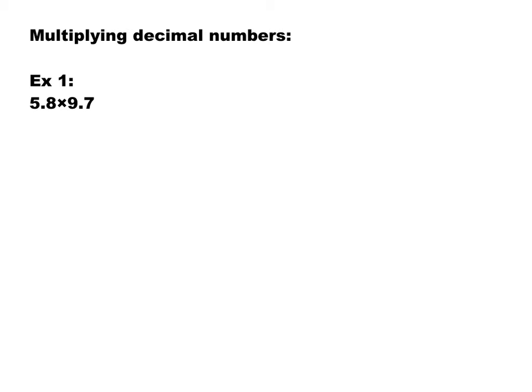So I'm going to say I have to multiply 58 by 97. So I start doing the multiplication. 7 times 8 is 56. So 6 here, 5 is carried over. 7 times 5 is 35, plus 5 gives me 40.